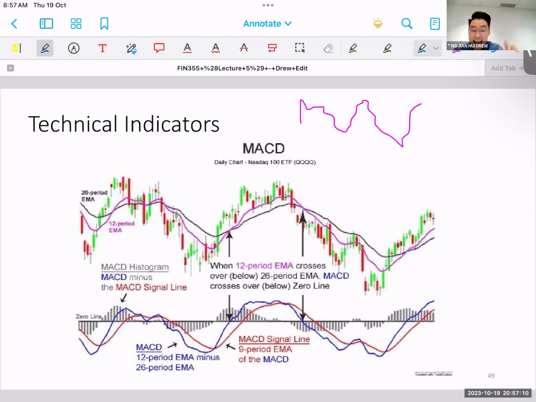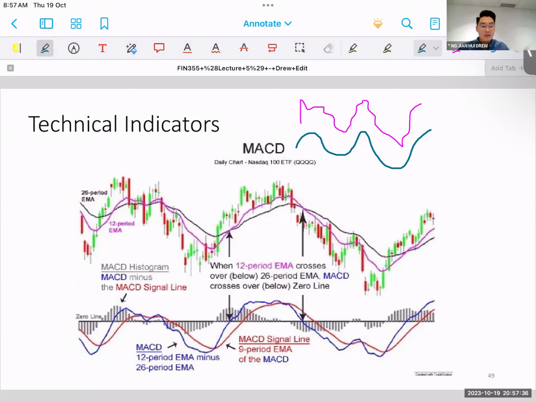Now, if you take a 9-day moving average, which is lower, your graph becomes smoother, because whenever you take an exponential function, you tend to smooth out, and when you take in fewer days, it becomes smoother. In this case they only consider 12, 26, and 9 days, but you can do anything you want.